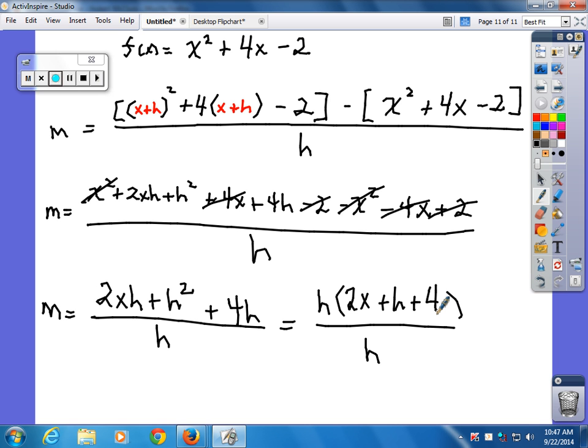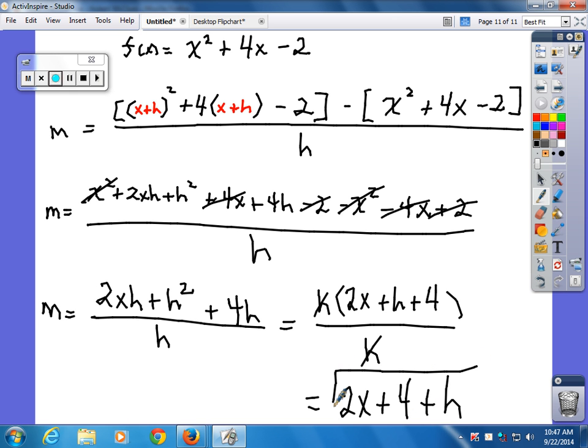Okay, making sure that's right. 2x plus 4. And h is canceled, and you're left with 2x plus 4 plus h.